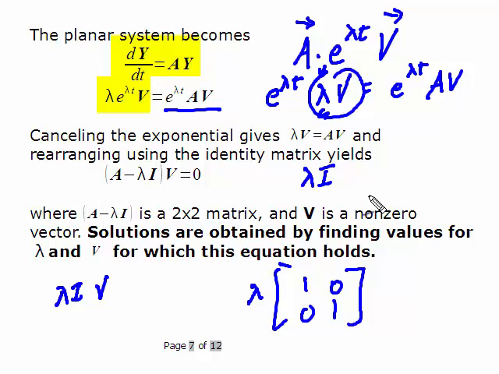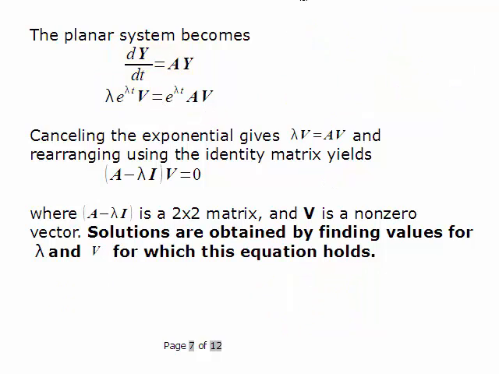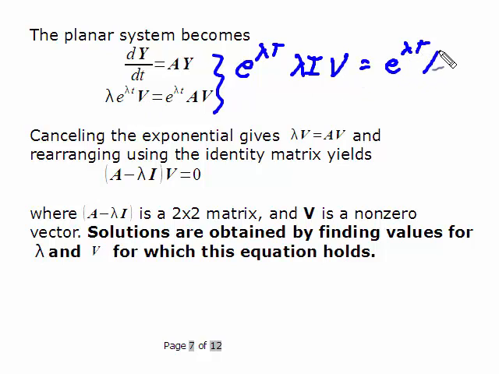Okay, you see that? I have to erase the board now. Alright, so over here I go like this, e to the lambda t, lambda times the identity matrix times v, that's the same as v, okay? And over here I have e to the lambda t, a v.